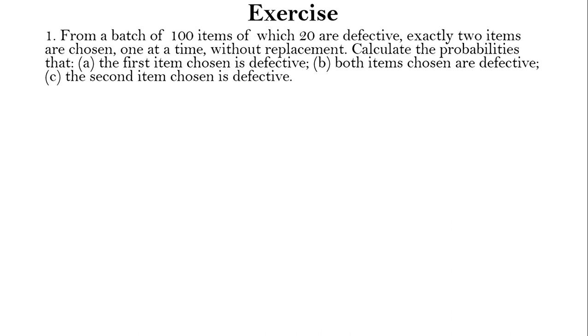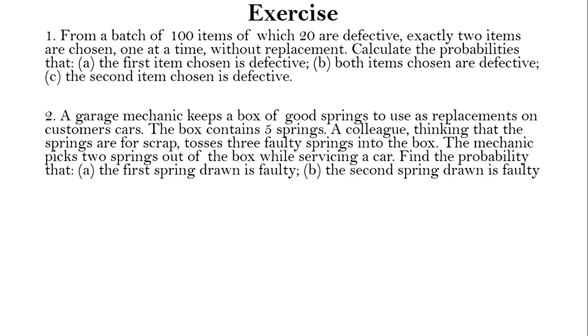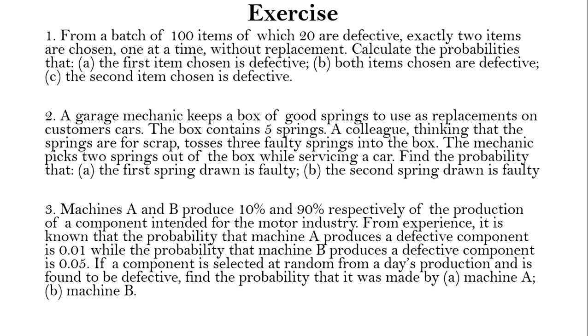Then you can go on. That should open our understanding of conditional probability. The second one is not so far from the example which we have looked at, and then the third one also talks about machines, this time with just 2 machines, so it should be much easier than the question which we looked at, which had 3 machines.